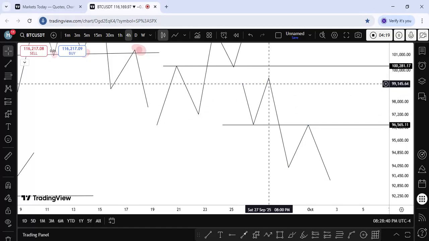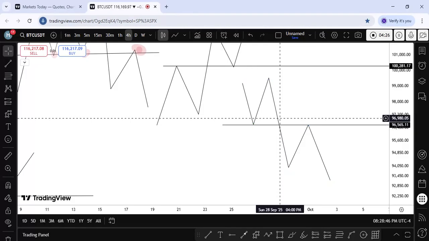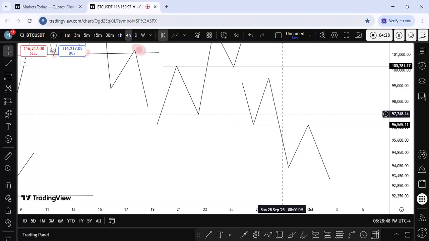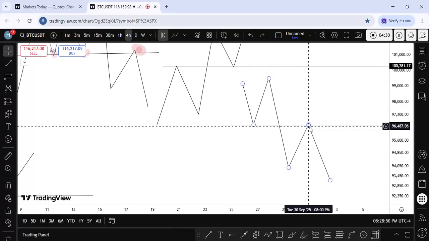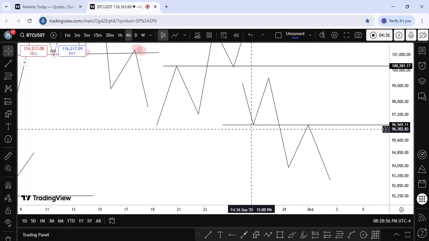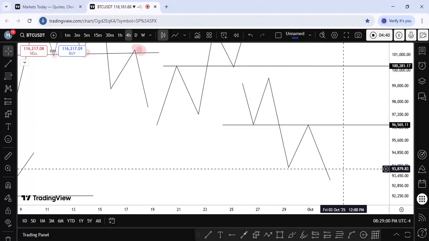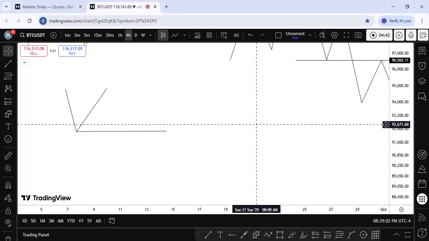Immediately after it bounces, for the second entry you also tap your entry around this place, expecting the price to bounce higher, but the price breaks and retests the same area. This key level is no longer a support. Around this place it was a support, but when it comes to this place it is now resistance. That is just the basic of the key levels.